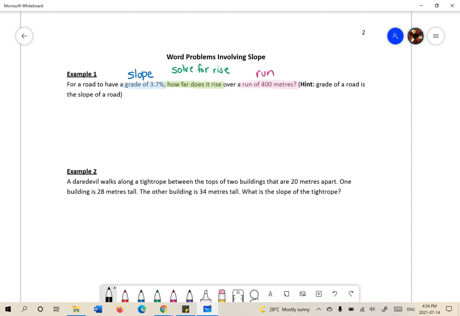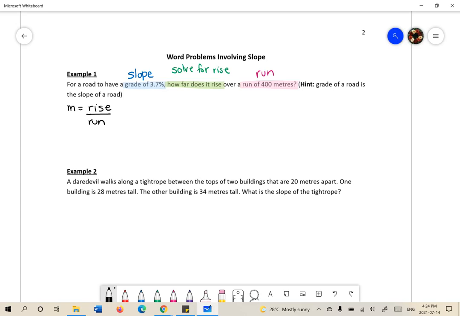So I'm going to begin with my slope formula. So I'm given my slope, and because my slope is presented to me in percent form, I'm going to actually change it into decimal form.